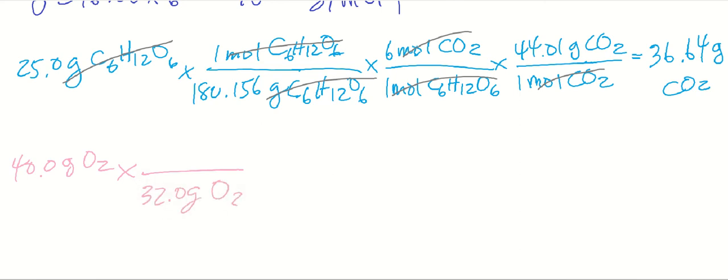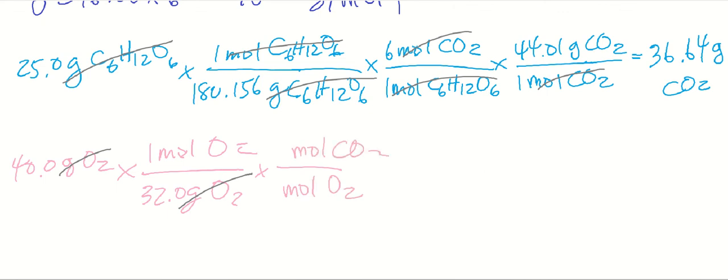We did that up there. Got all the molar masses first, got them out of the way. All right, cancel, these units are gone, and now we can use the mole ratios to convert moles of O2 to moles of CO2.